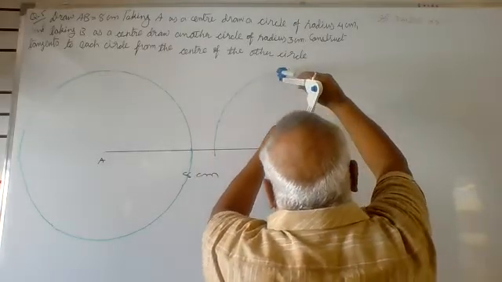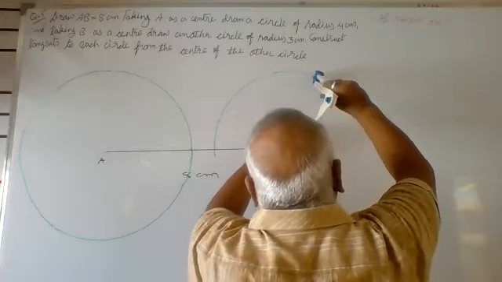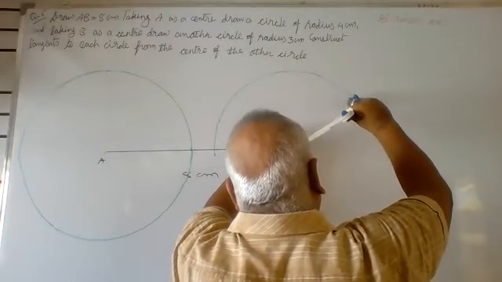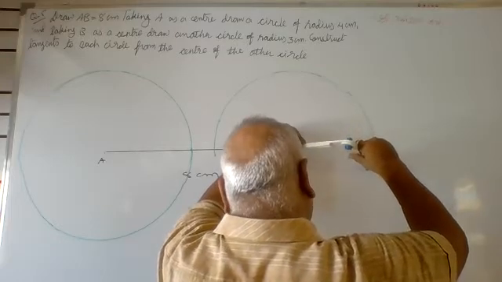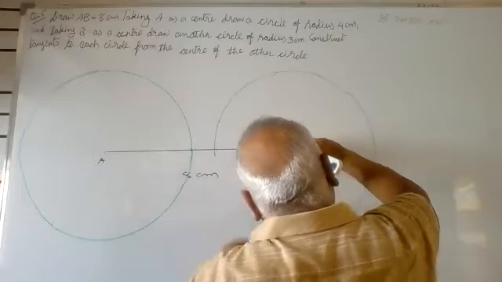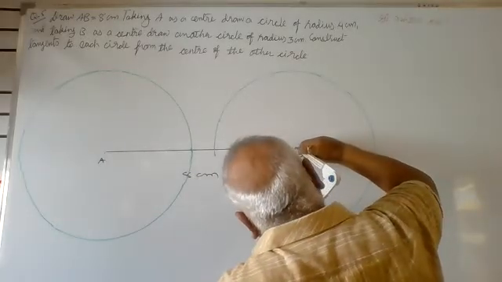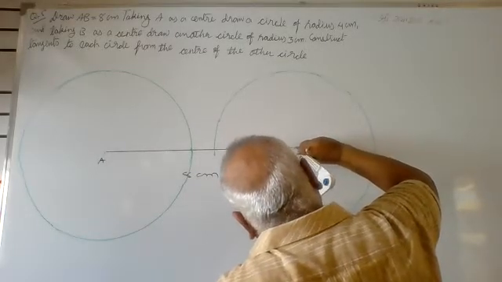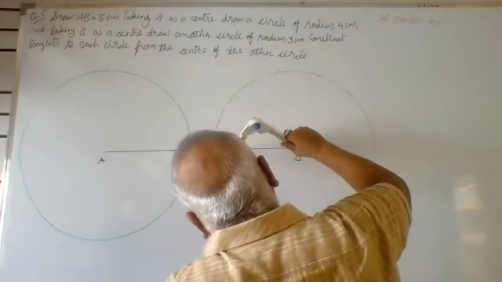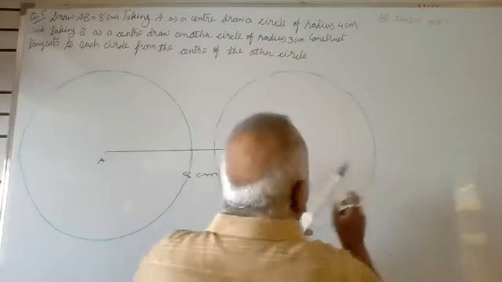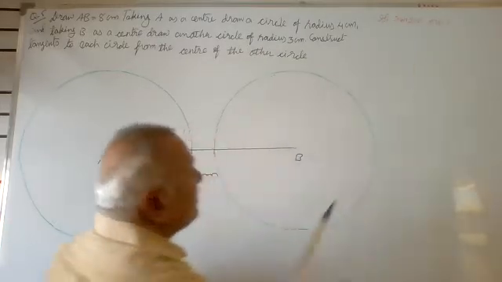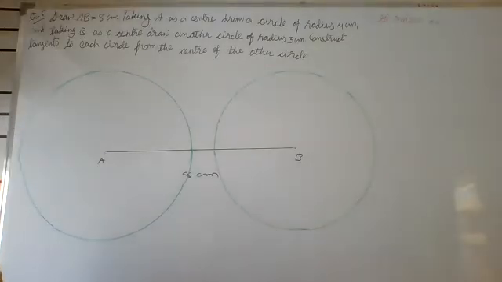By taking center as B, we have to complete the circle. This circle has center B. You can see here it is a circle with center A and center B. We have constructed two circles.